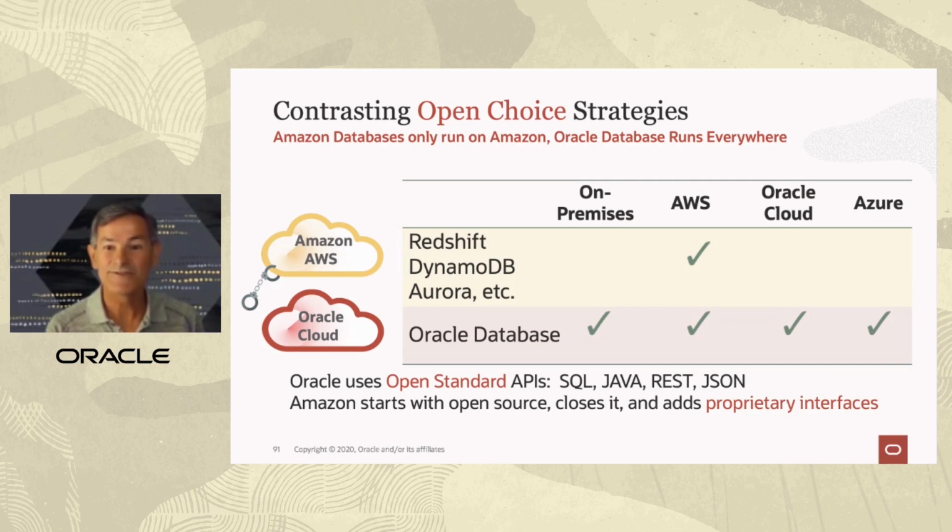Other niche database vendors often use proprietary APIs that only work on their platform. In the case of Amazon, they start with these open source databases with proprietary interfaces, and then they close them and add further proprietary interfaces. So the Oracle Converged database is actually much more open than the alternatives. Even though they might be open source, they're not open API, which is even more important.